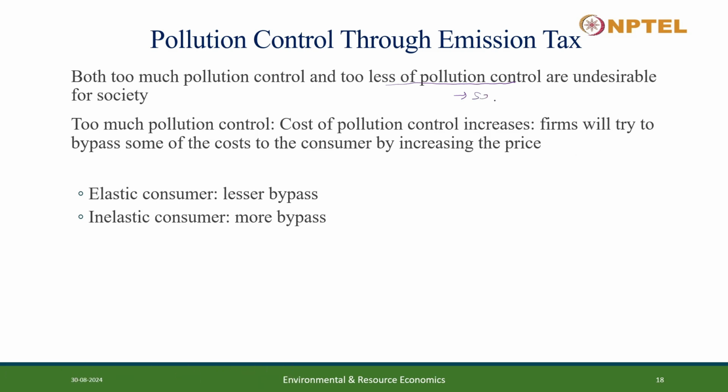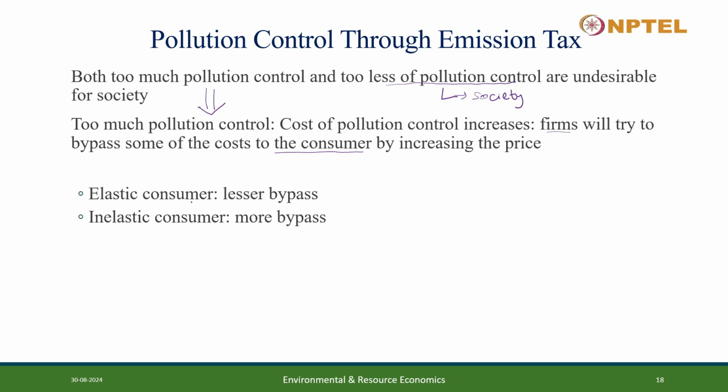So that's why this is not desirable. However, when there is too much pollution control, the cost of pollution control increases, and the firm will try to bypass some of the cost to the consumer. So in a way, the consumer has to pay for the pollution control cost.